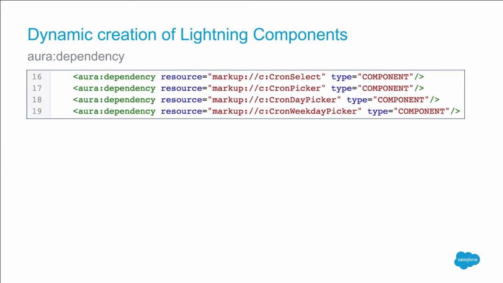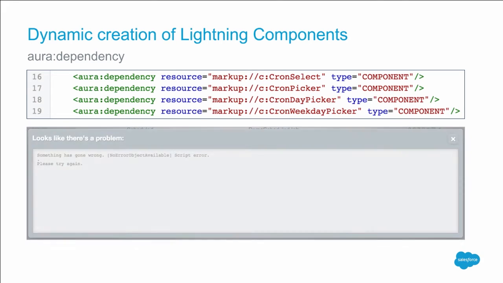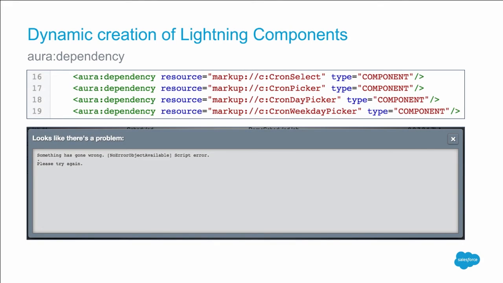So this is an excerpt, again, from the edit schedule job component, which basically says there are 4 dynamically created components: cron select, cron picker, cron day picker, and cron weekday picker. And by doing that, you basically avoid this dreaded error, which when I saw it meant absolutely nothing. It took me ages to figure out. So if you ever see this and you're using dynamic creation of components, just have a think about the dependencies. It's probably that which you've forgotten.